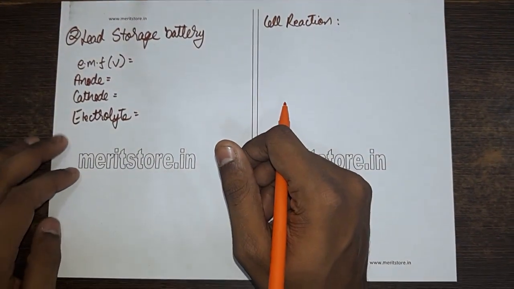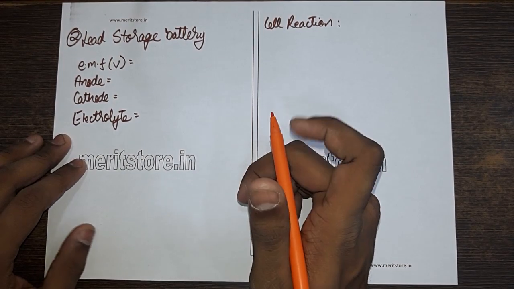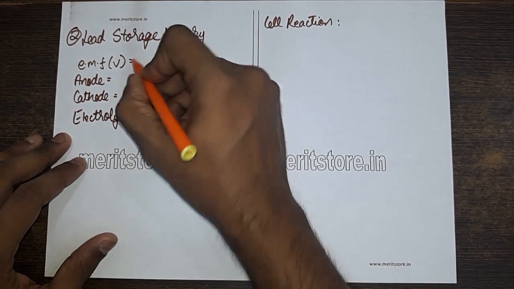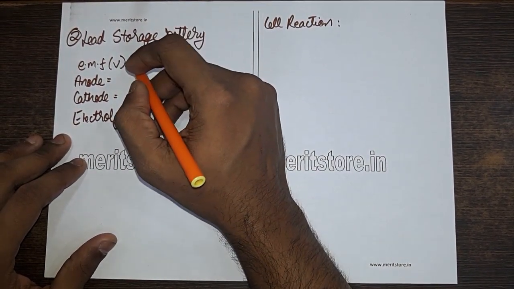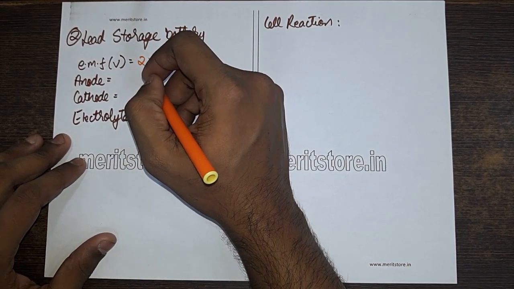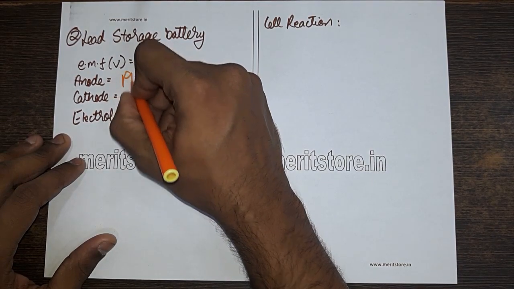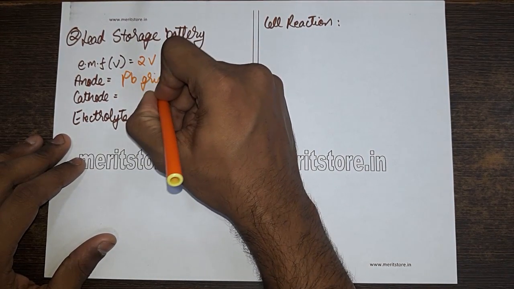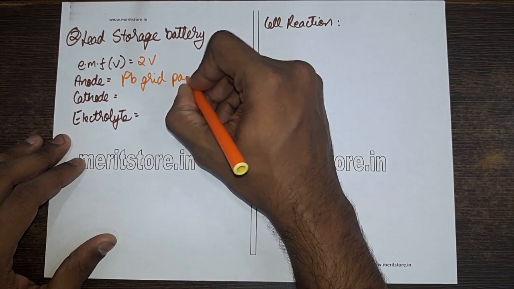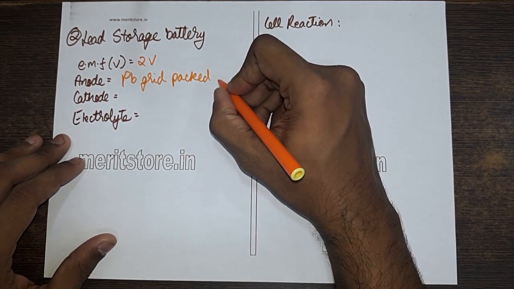The next is the lead storage battery. The EMF produced is 2 volts. The anode used here is a lead grid packed with spongy lead.